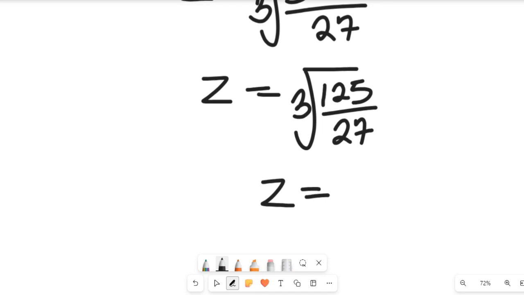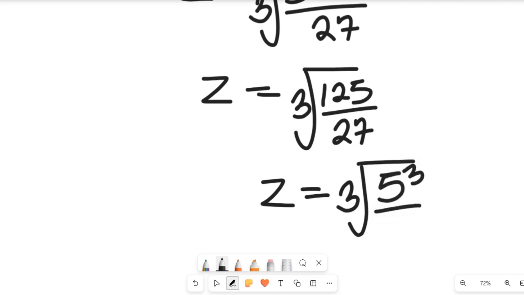5, or simply we can, I love using this, we can make this to be equal to 5 to the power of 3, because 5 to the power of 3 is 125, and then we'll have this to be 3 to the power of what? 3.